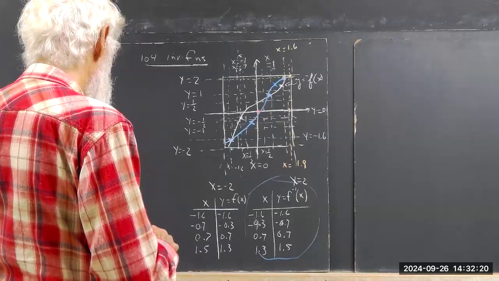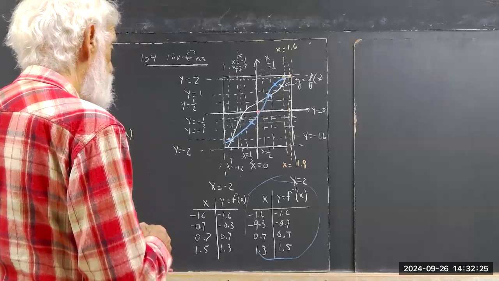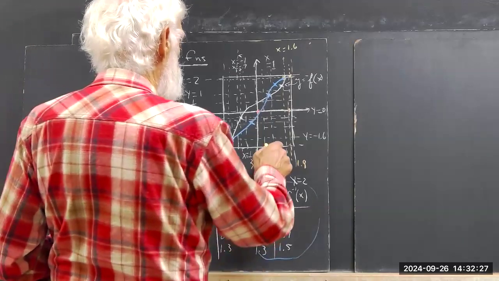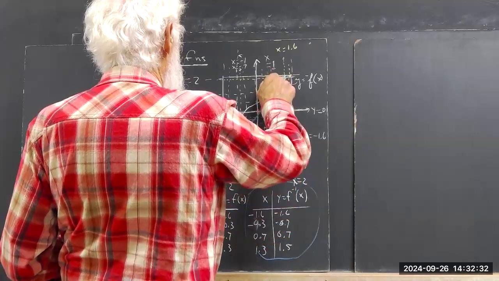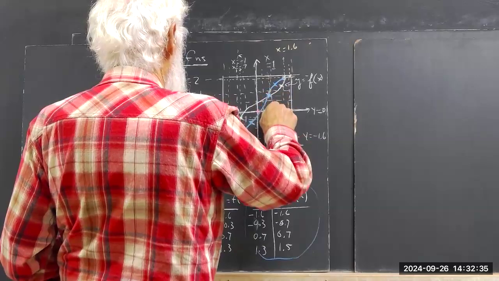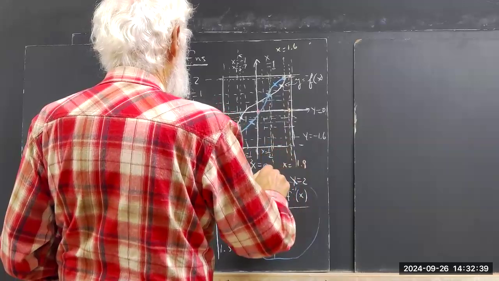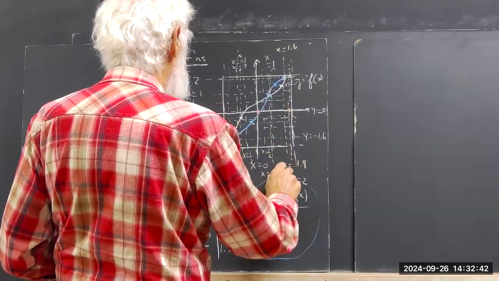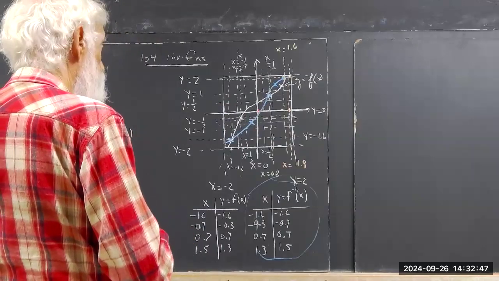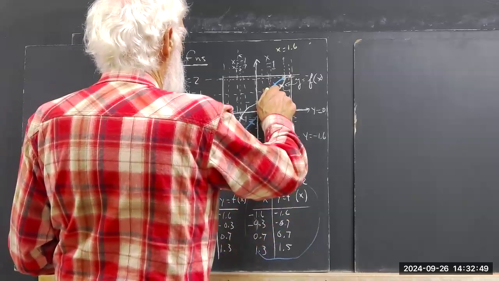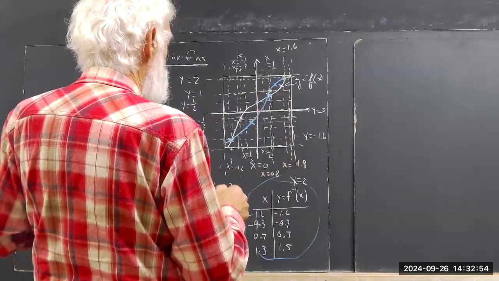So if x equals 0.8, you're going to be on, let's say, this line. I haven't drawn that quite right. Here's x equals 0.8. And we meet the line here, so that f of 0.8 looks like it's about 1.